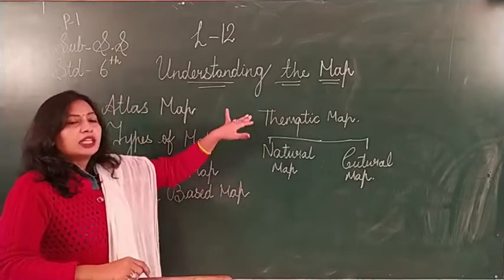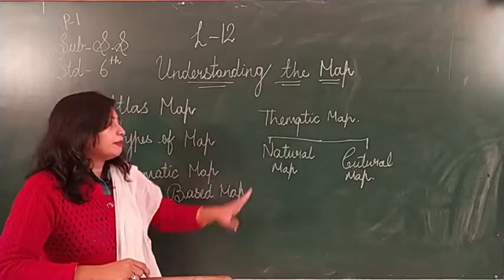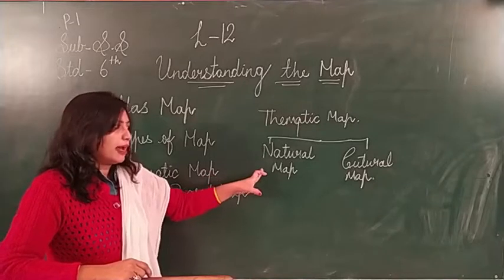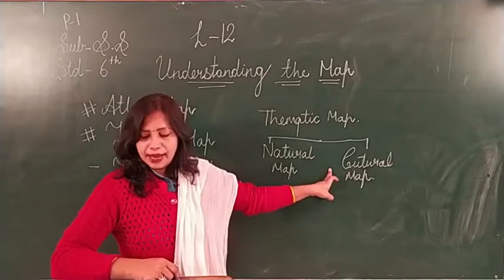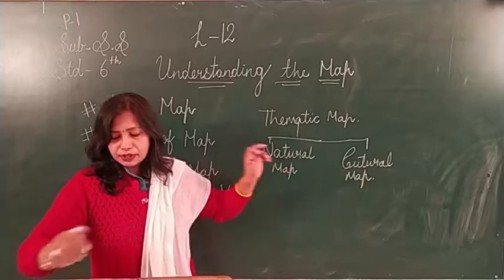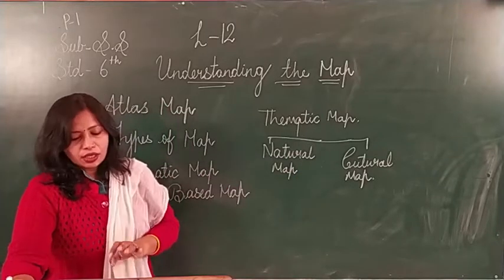So if you remember this, in thematic map there are two types of map. One gives us information about natural features and the other is cultural map.